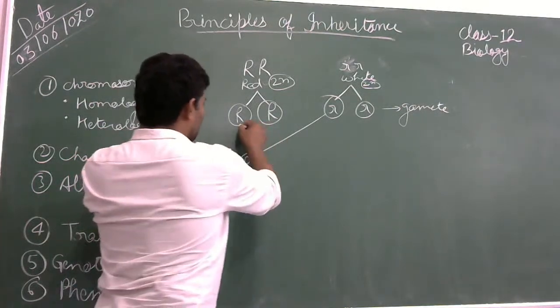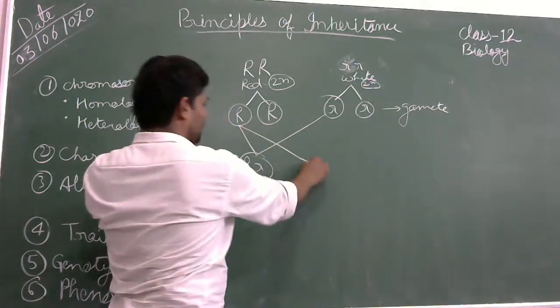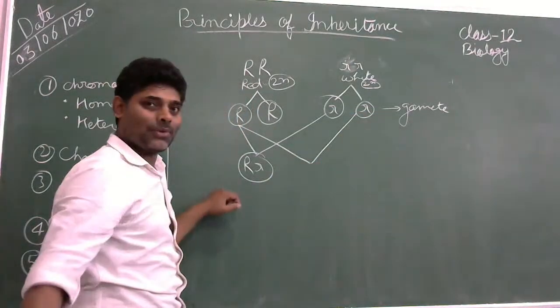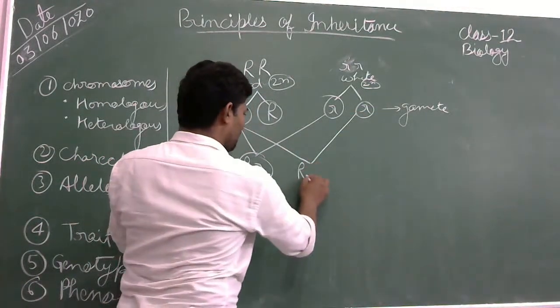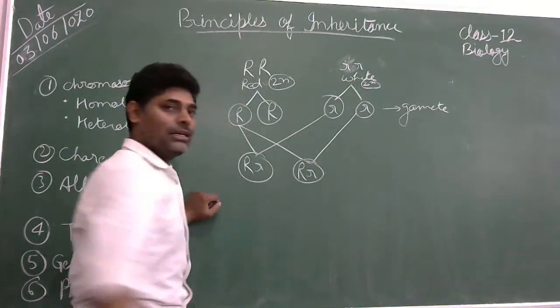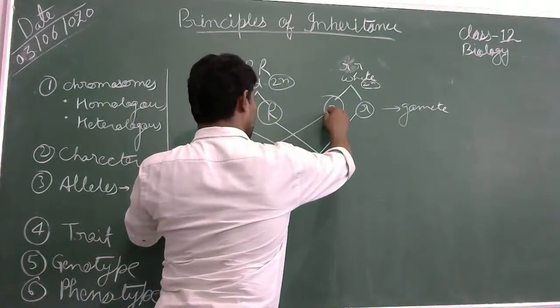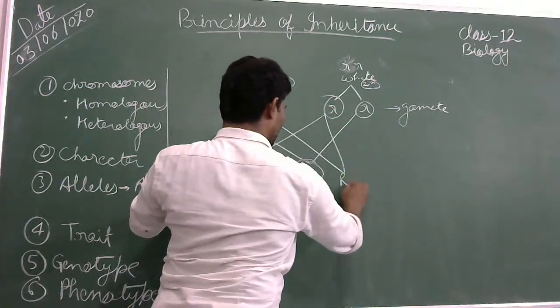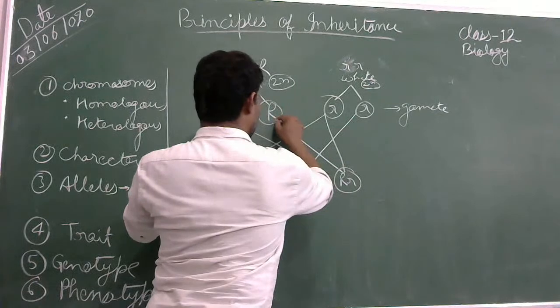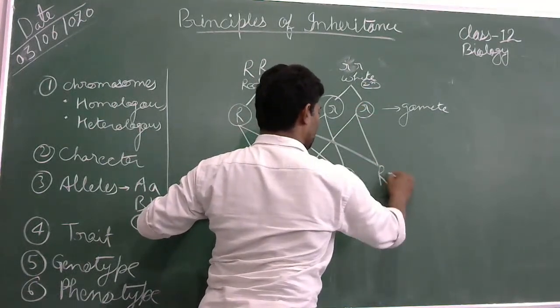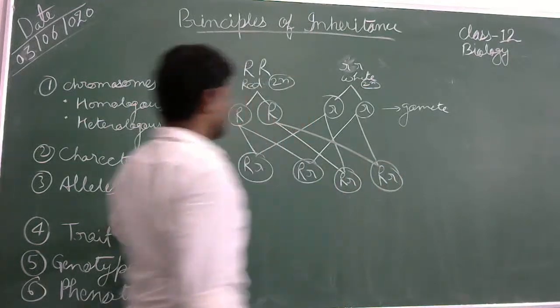The next one, suppose this gamete crosses with this gamete. Again we are getting capital R, small r.